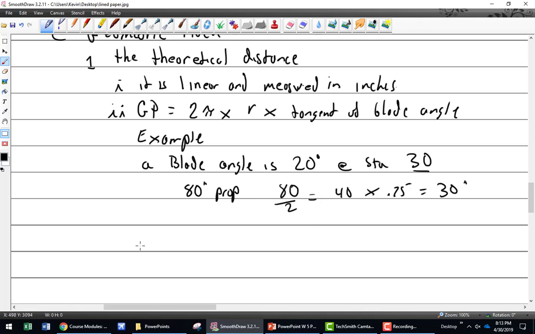Now from here on out, I could figure out the geometric pitch because I don't want to get caught out there, you know. So geometric pitch equals, okay, looking up here, 2 pi. 2 pi times, what's the R?